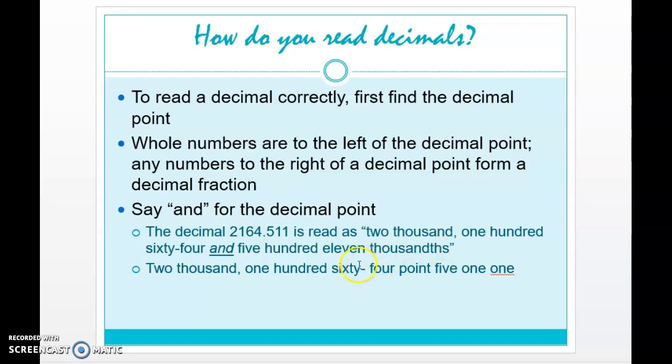But when we want to use the word point, we'll say the whole number, then the digits after the decimal point will be pronounced the way they appear. So we'll say 2164.511.